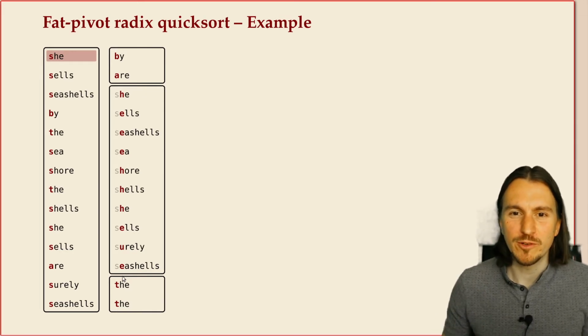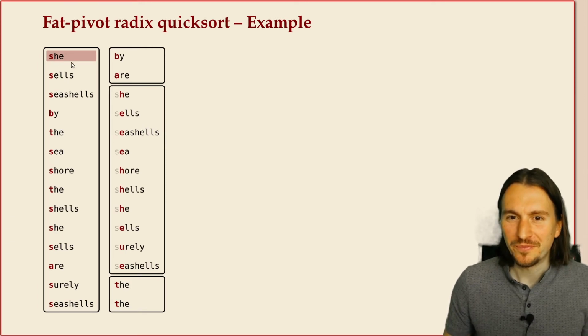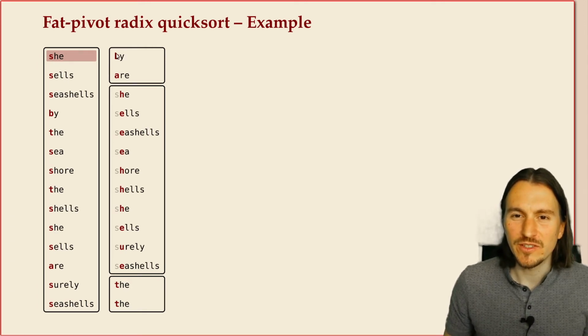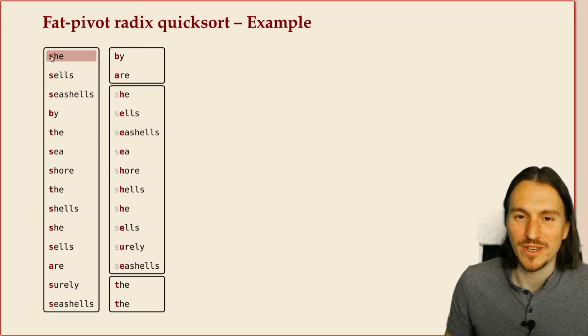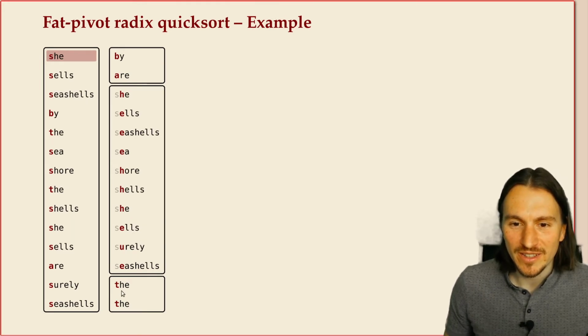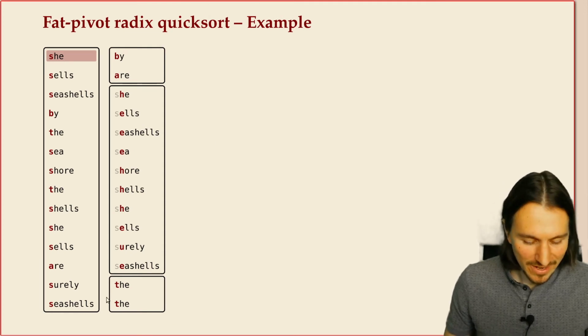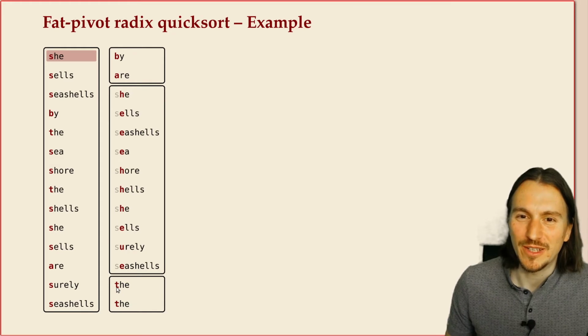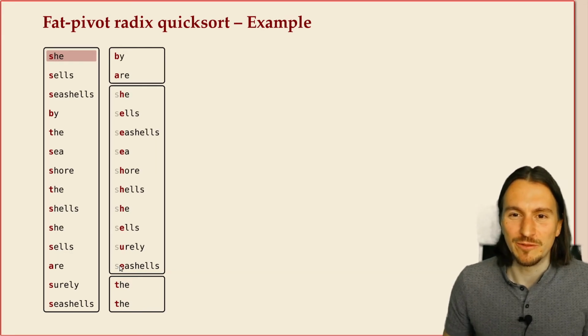We split it into three groups, and we look at just the first character of the pivot. This first list is all the strings that have a smaller character at the first position than the pivot. B and A are both smaller than S. And the last list is the same thing, but with the strings that have a letter that's bigger than the first of the pivot. And then the middle list is all the strings that have the same first character as the pivot.